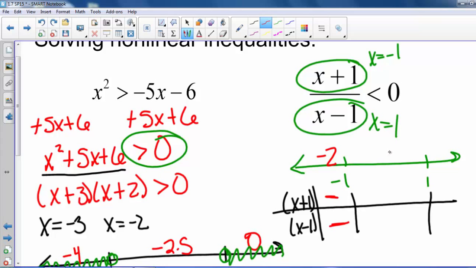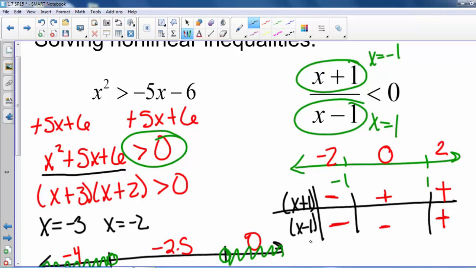Between negative 1 and 1, we can test 0, so we get a positive and a negative. Between 1 and infinity, we could test 2, so 2 plus 1 is 3, which is a positive, and 2 minus 1 is 1, which is a positive.